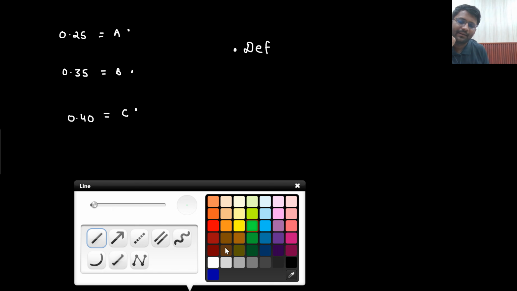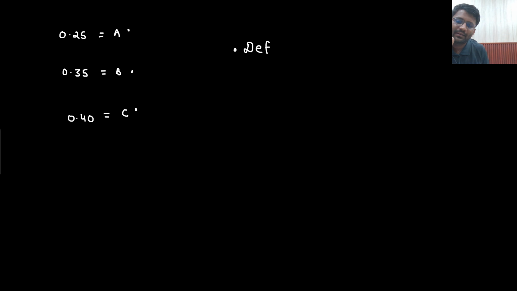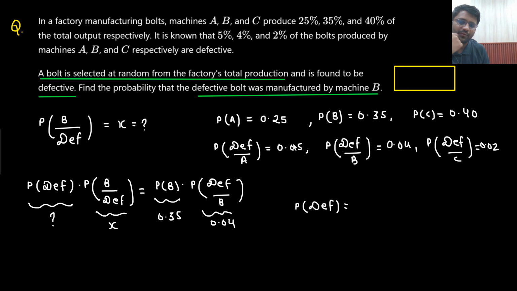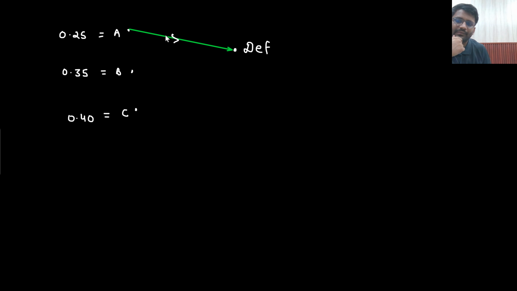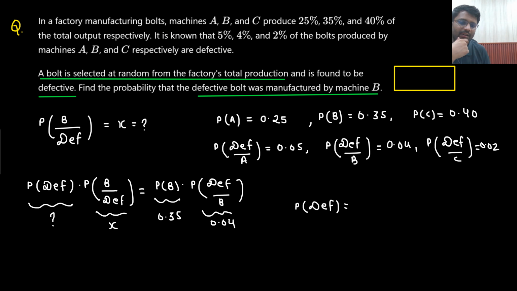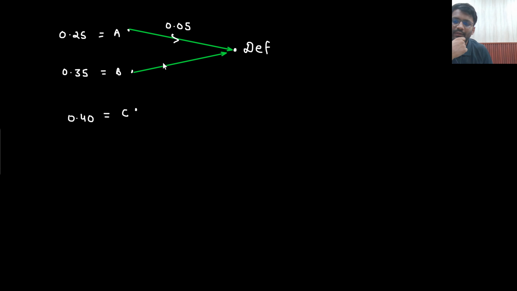We need to care only about defective. The probability of defective coming from A is 0.05, from B is 0.04, and from C is 0.02.